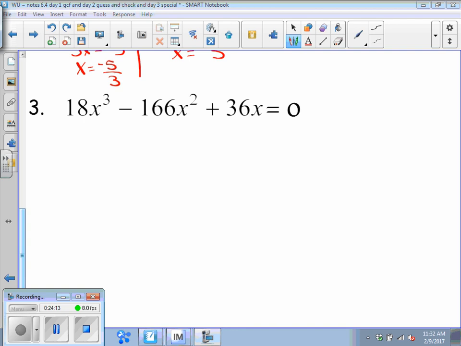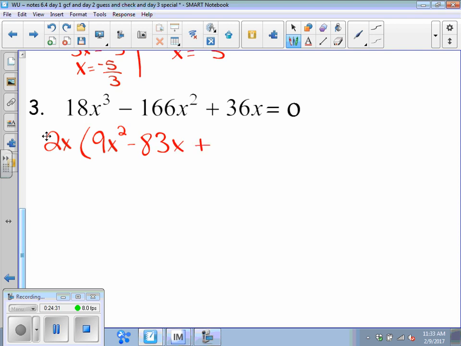All right, let's do this third one. Take out your greatest common factor first. Now, at this point, we can't get rid of that x on the outside, but we can get rid of that 2.